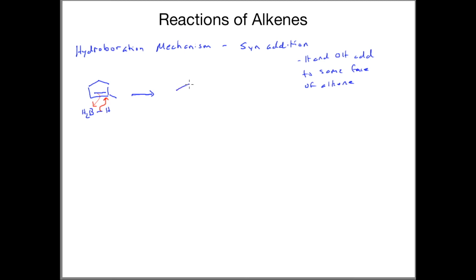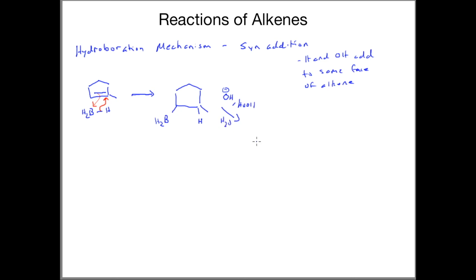And now we're going to end up getting our first intermediate that looks like this. And then remember that this is going to happen 2 more times to replace this, but for the point of brevity, I'm just going to write H2O2 here and OH minus just to go ahead and finish this up.